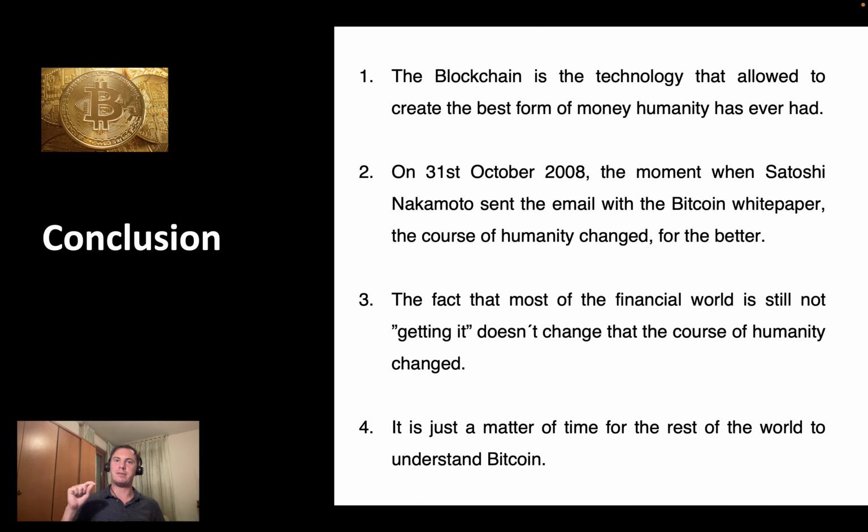In that exact moment when Satoshi clicked send, the course of humanity changed, as it changed when Johannes Gutenberg invented the printing press, as it changed when the steam engine was created, as it changed when the Wright brothers in 1903 made the first airplane fly, as it changed with the invention of the internet.